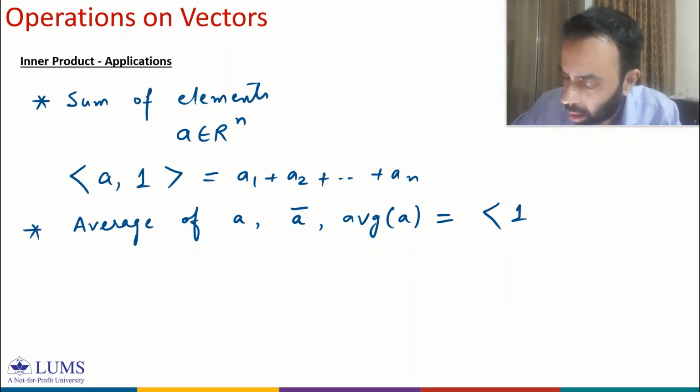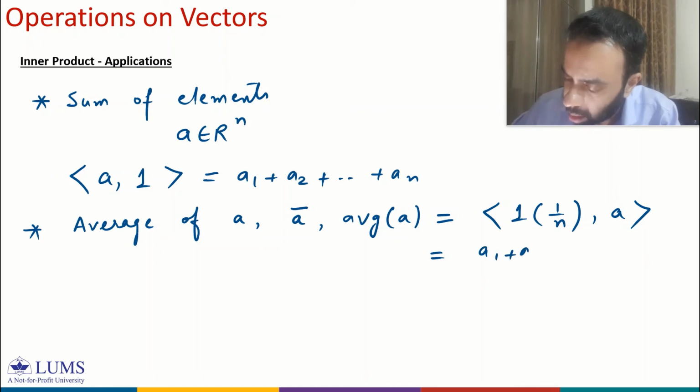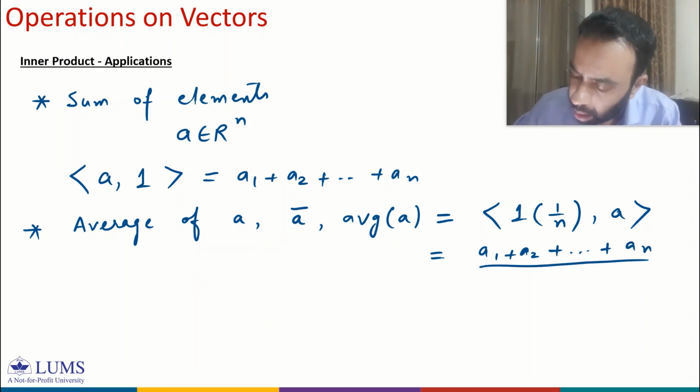So 1 here is a vector, 1 over n is a scalar, and a is a vector. That was simply given by a1 plus a2 and so on divided by n.